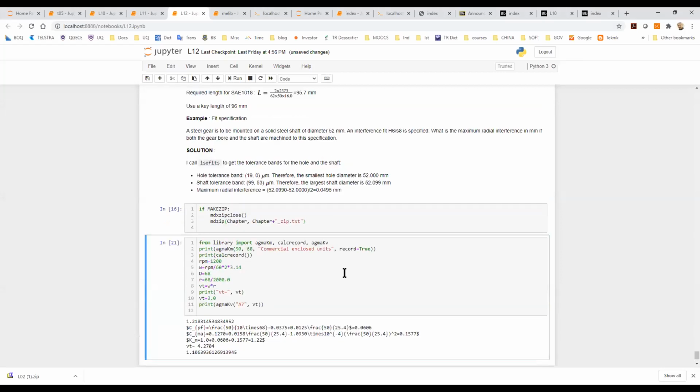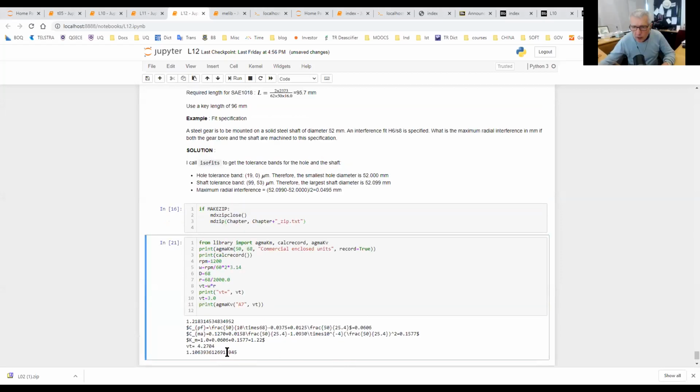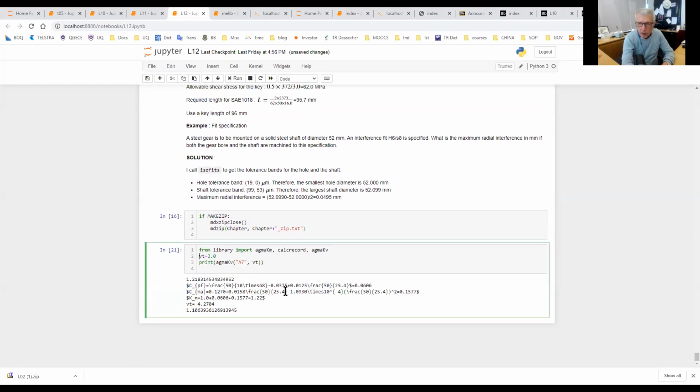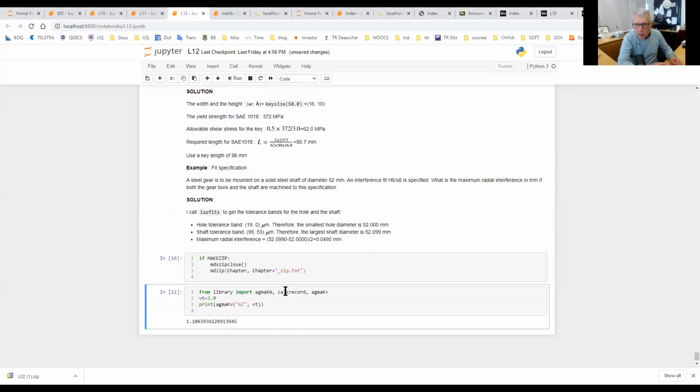Okay, so for that VT, I'll delete all this because that's going to confuse all of us. And run this again, Control Enter. 1.106, that's the KV for A7.